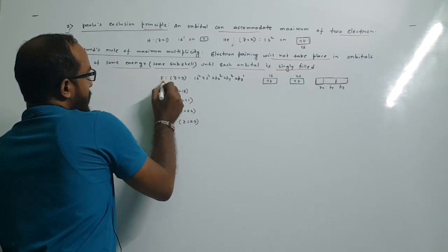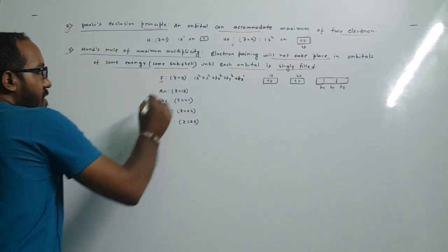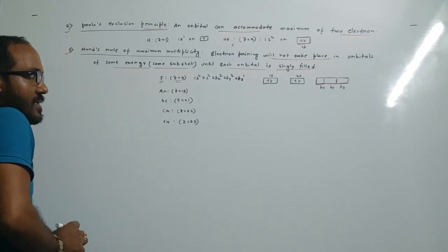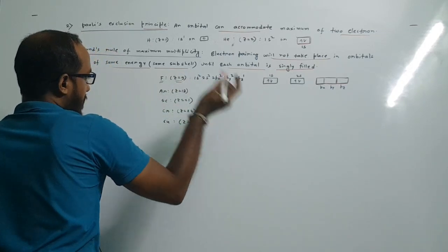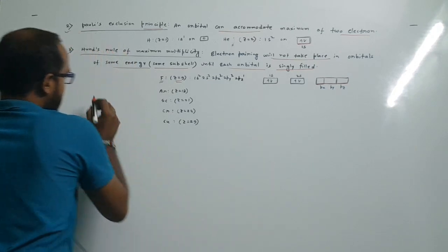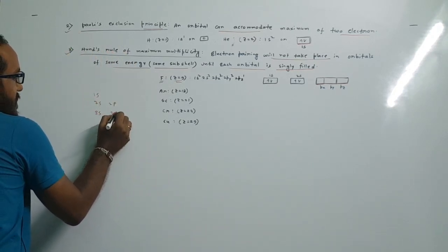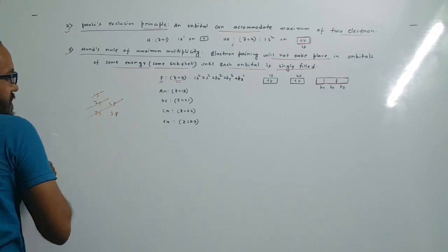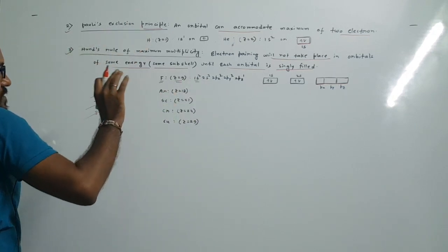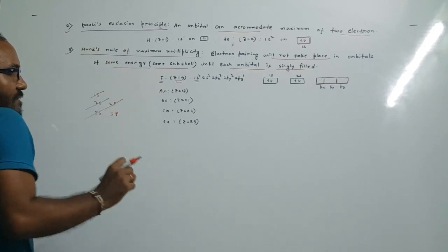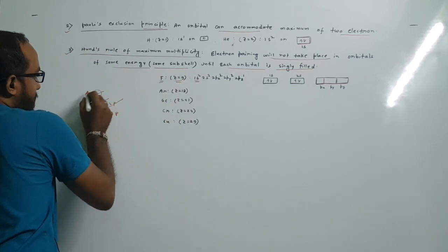Let us say we want to find the electronic configuration of fluorine. The atomic number is 9. If you have remembered the diagram, we have 1s, 2s, 2p, 3s, 3p. First of all, 1s2. According to Pauli's exclusion principle, every orbital should have 2 electrons, so we give 2 electrons to the 1s orbital, done.